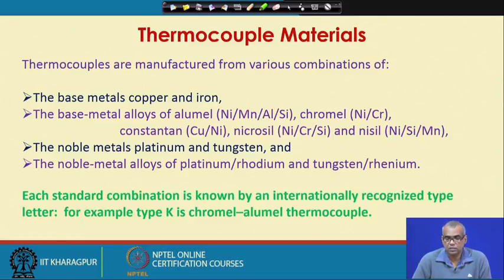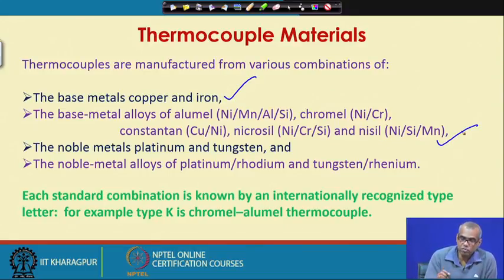Thermocouples are manufactured from various combinations of base metals copper and iron, and the base metal alloys of alumel, chromel, constantan, nicrosil and nisil. These are all alloys.